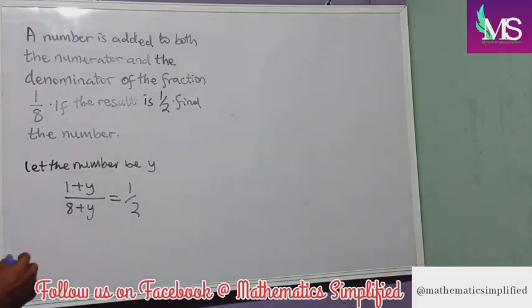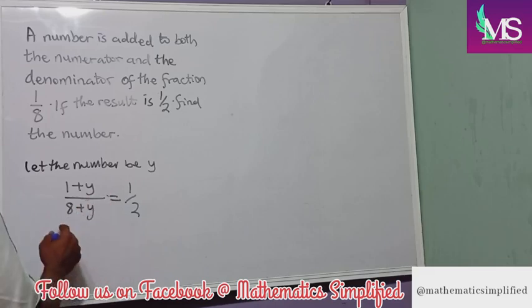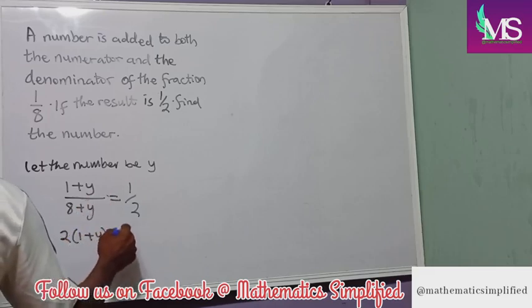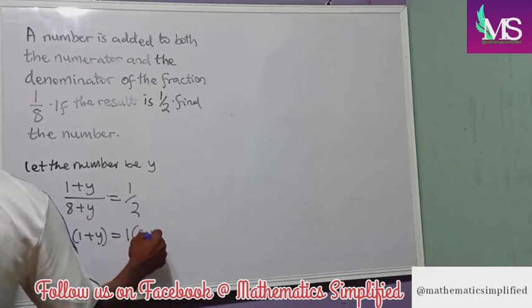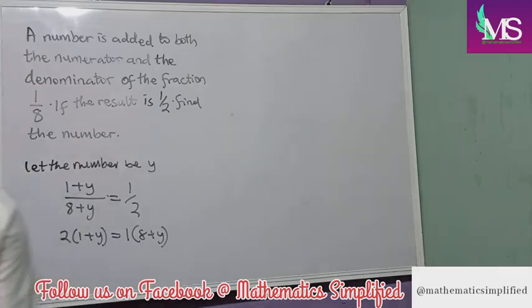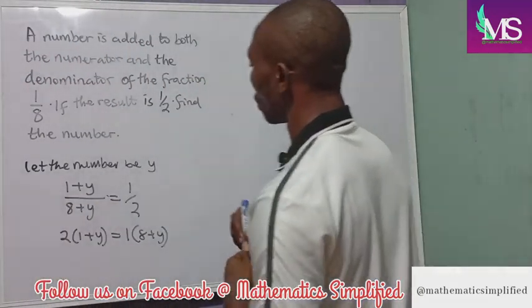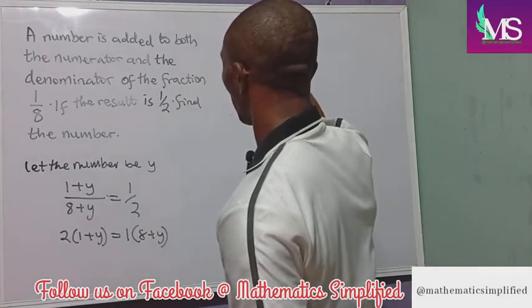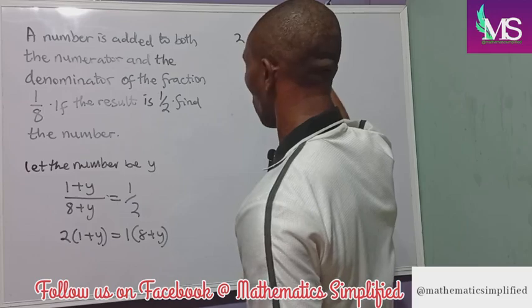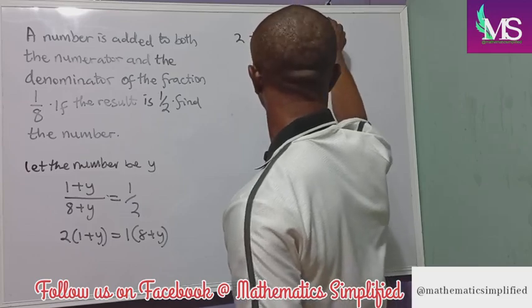Now we can collect our like terms and cross multiply. So cross multiplying, this will become 2 bracket 1 plus y equals 1 bracket 8 plus y. Opening up the brackets, we have 2 plus 2y equals 8 plus y.